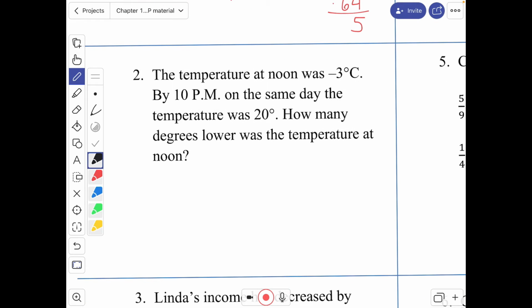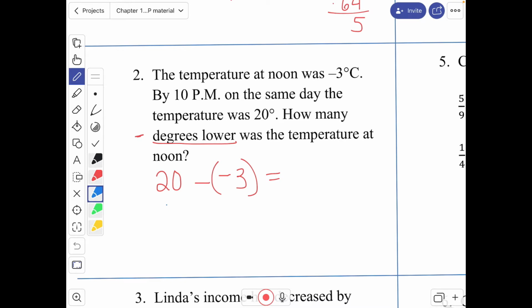Question number 2 is underneath that. The temperature at noon was -3 degrees Celsius. By 10 p.m. on the same day, the temperature was 20 degrees. How many degrees lower was the temperature at noon? How many degrees lower? That means we're going to subtract. So I'm putting the bigger number first, minus -3.